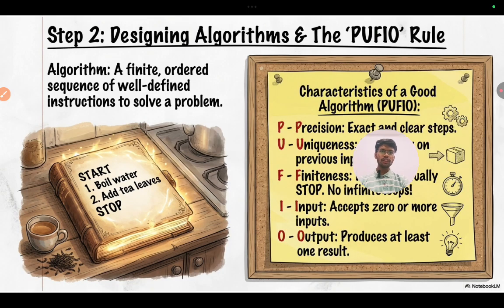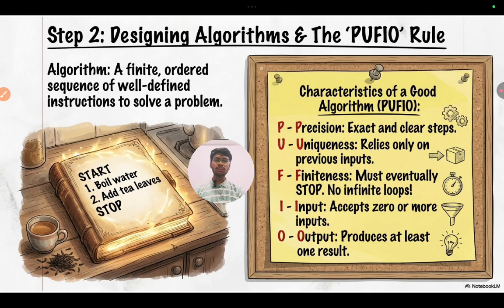Remember this. Then we'll be discussing designing algorithms using these characteristics: precision, uniqueness, finiteness, input, output. So what is an algorithm first? An algorithm is a finite ordered sequence of well-defined instructions to solve a problem. In precision, let's say, the exact steps that we need.